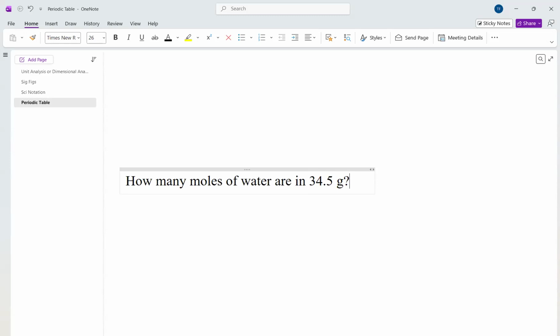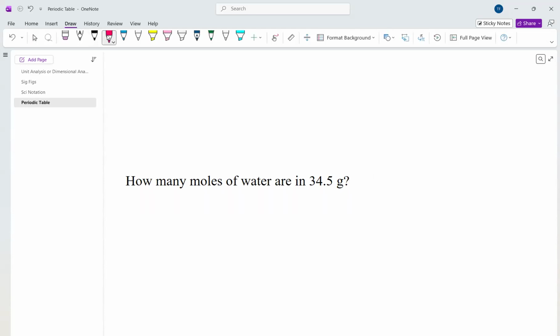Okay, what's given? First of all, is there a chemical reaction? No, so we don't have to worry about balancing the equation. And we're going to get to that very soon. So what's given? 34.5, good. Now I'm going to put H2O above that. When we get into reactions, it has to be there. So even though this doesn't need it, get in the habit of putting it above the given.